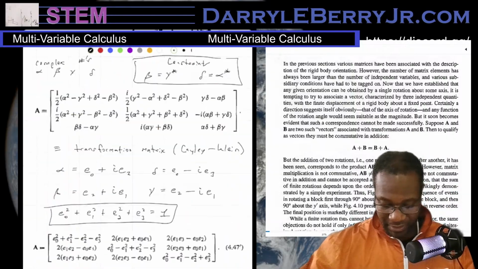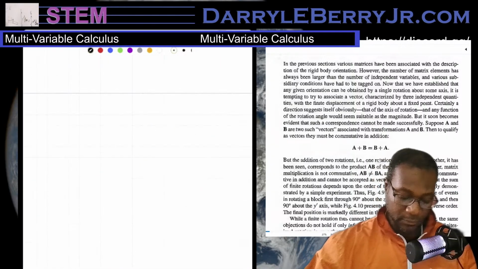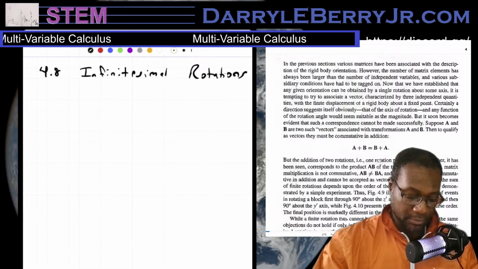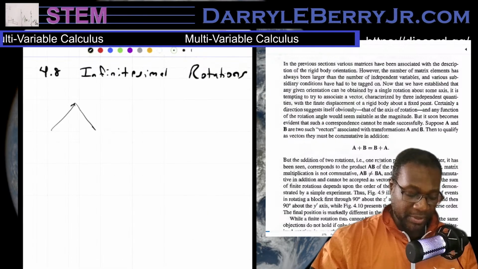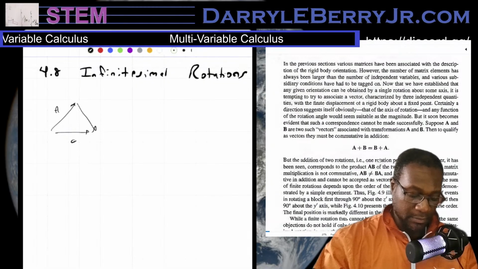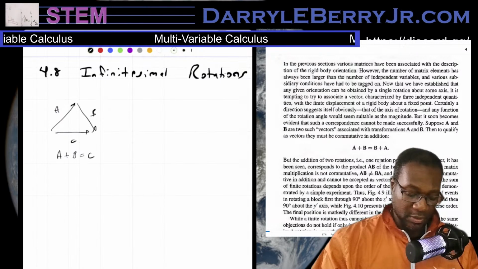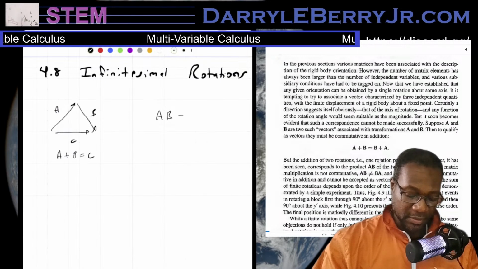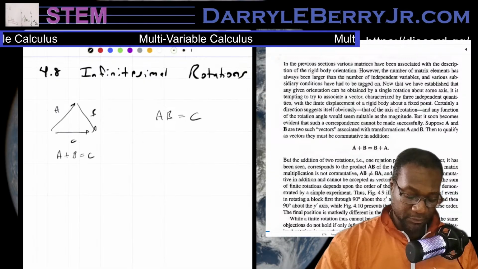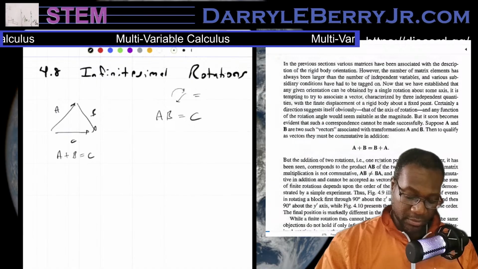If you have a vector A and a vector B and you combine them into C, it's A plus B equals C. But with matrices, it's a product that equals C for rotations. So 1 rotation, 2 rotations equals what? It's probably even hard to draw it separately like that.